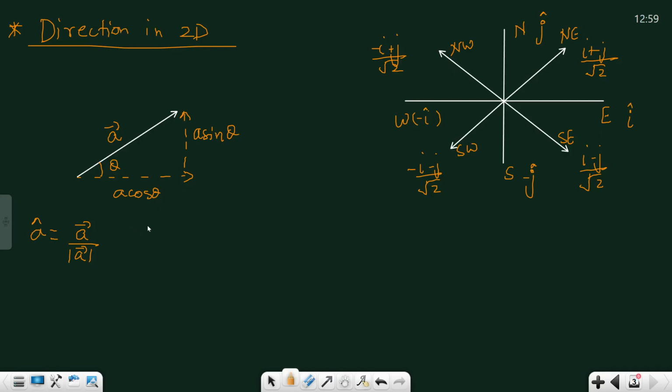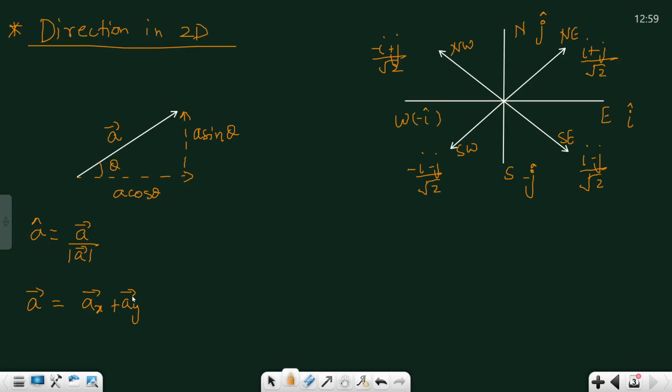So the A vector will be made up of one AX vector and one AY vector. A vector is made up of two perpendicular vectors, one is AX and one is AY. Is it correct?